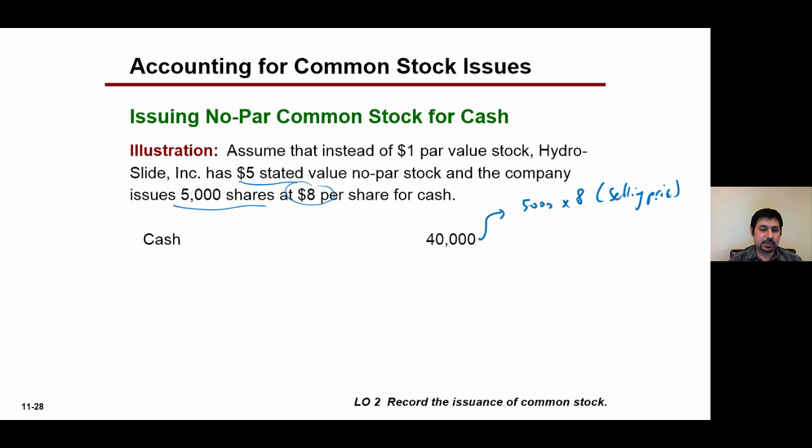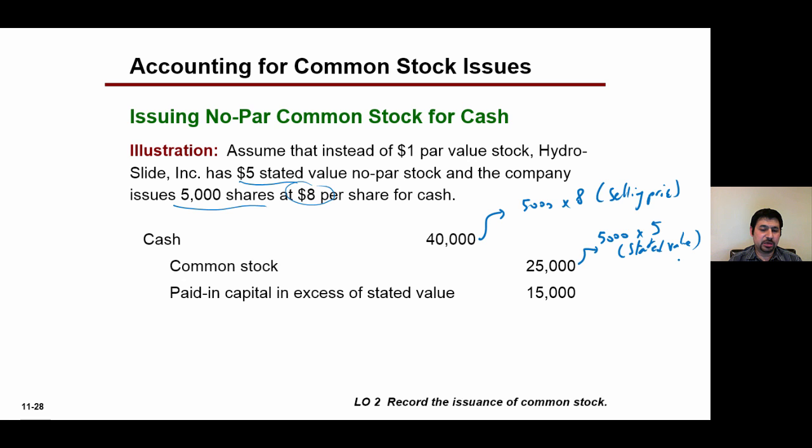The company will credit common stock at stated value, 5,000 multiplied by 5, and the difference between the two is paid-in capital in excess of stated value. Stated value and par value are very similar from an accounting perspective; the terminology changes.